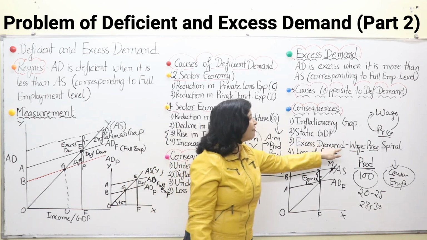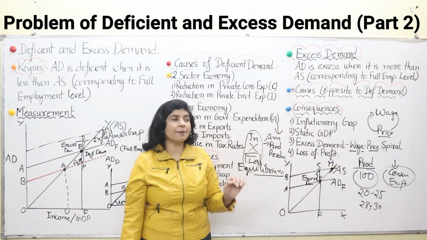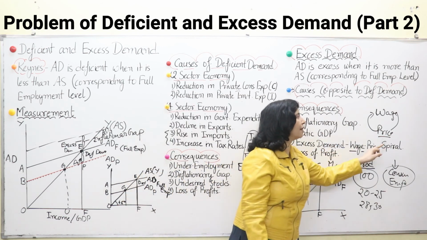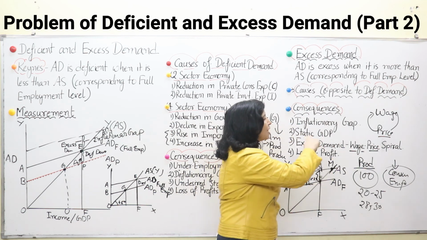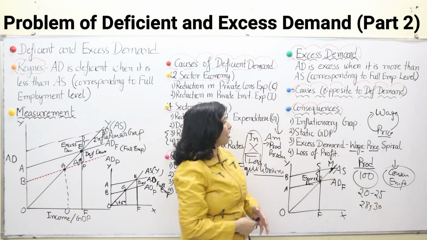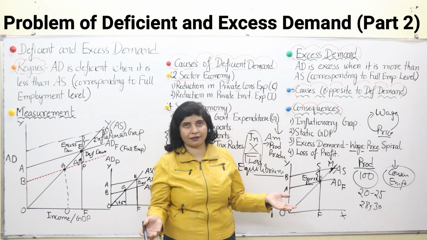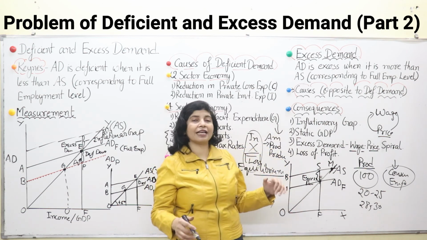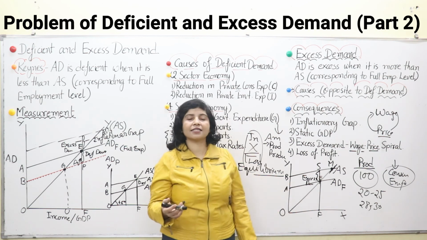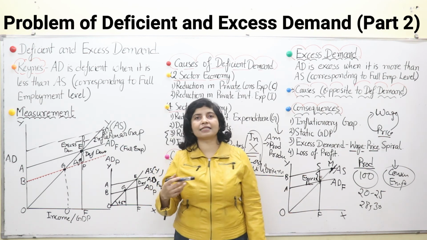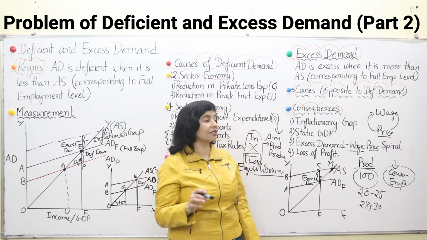Now, excess demand and the wage price spiral, that is very important. Wage price spiral means wages and prices move one after another. When everyone is employed, they can negotiate for their wages with their employers. When wages increase, more and more people increase their demand for goods and services in the market.